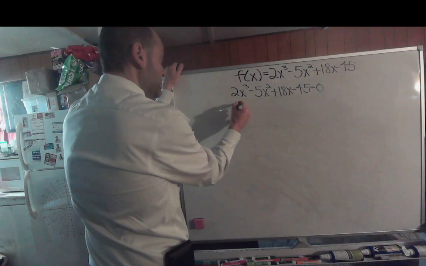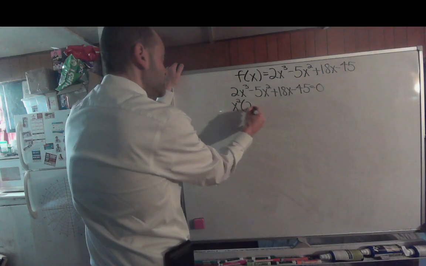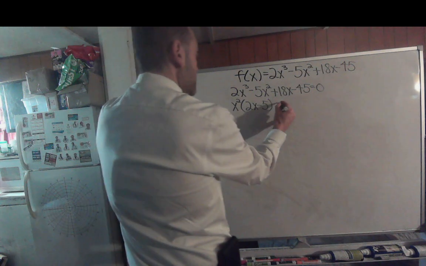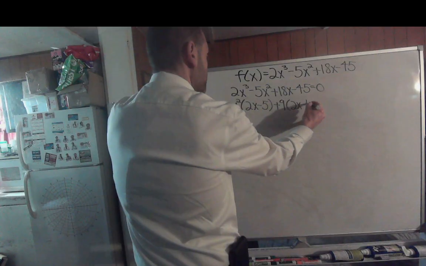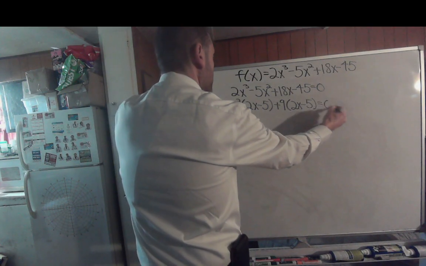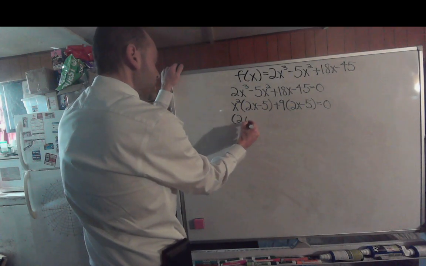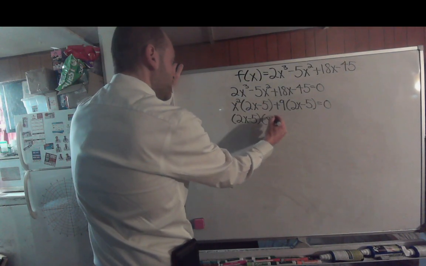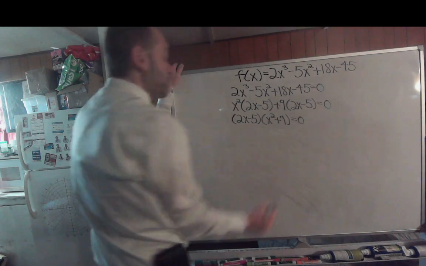Factoring by grouping, this breaks down into x squared times 2x minus 5 plus 9 times 2x minus 5 equals 0. So this turns into the quantity 2x minus 5 times the quantity x squared plus 9 equals 0.